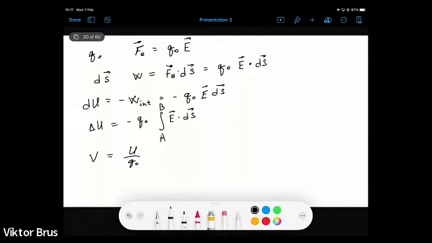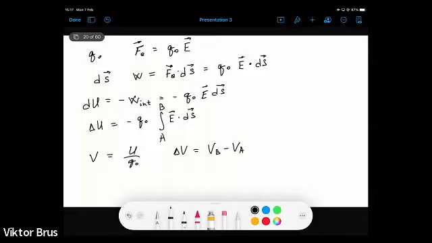As I said, each point in space possesses some potential energy and thus potential. If we move from point A to B, there will be some change of potential associated with this change of potential energy. So there will be dV equal to VB minus VA, means final point potential minus initial point potential.